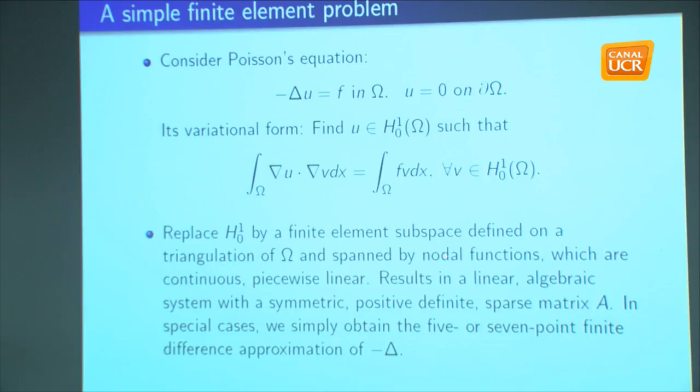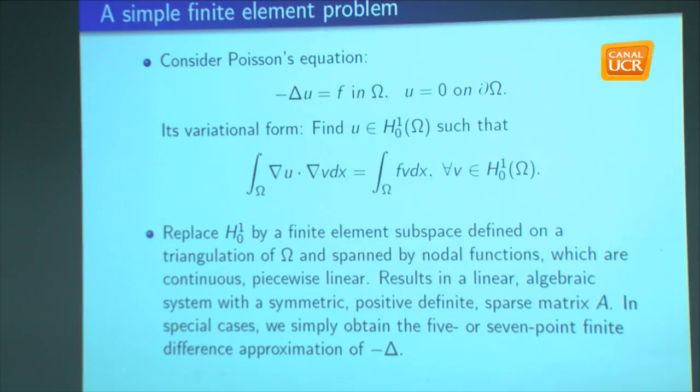The nodal basis functions are 1 at one node and 0 at all the other nodes, and so they are local. When we plug this in and run with the test functions here, we get a linear algebraic system with a symmetric, positive definite sparse matrix, which I call A.